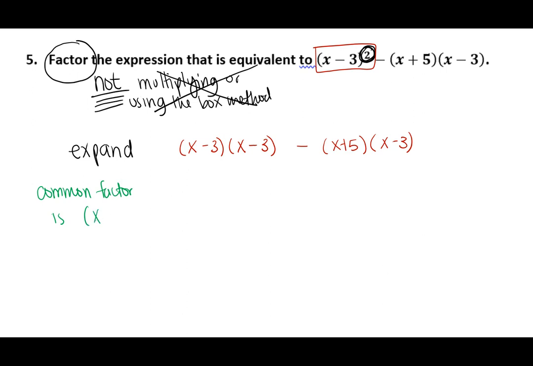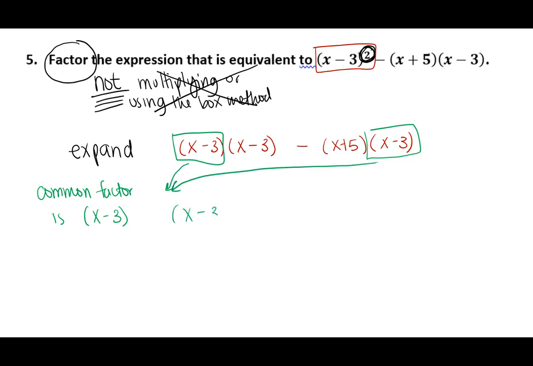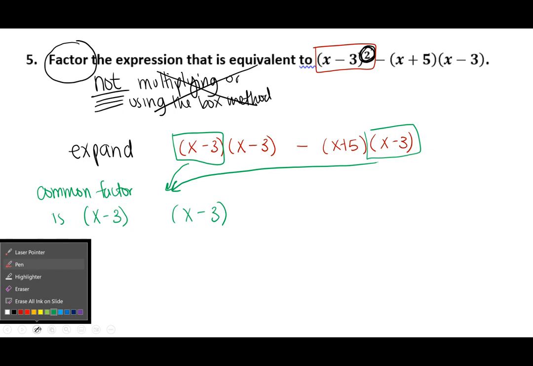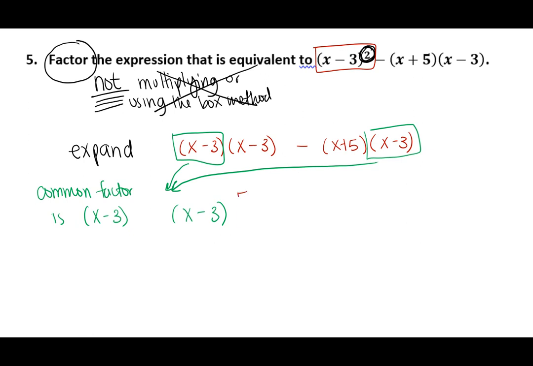Their common factor is x minus 3. So we will take that out, x minus 3, and the leftovers stay inside: x minus 3 minus x plus 5. Okay, this will be the acceptable answer.